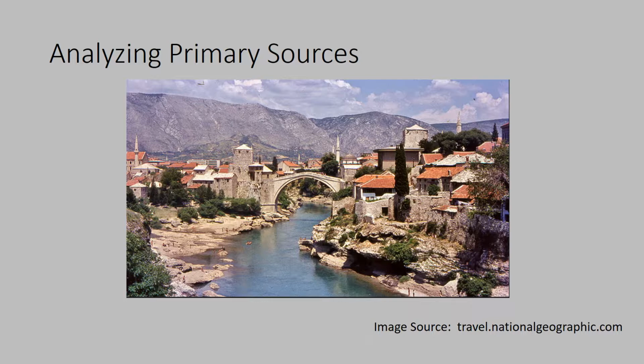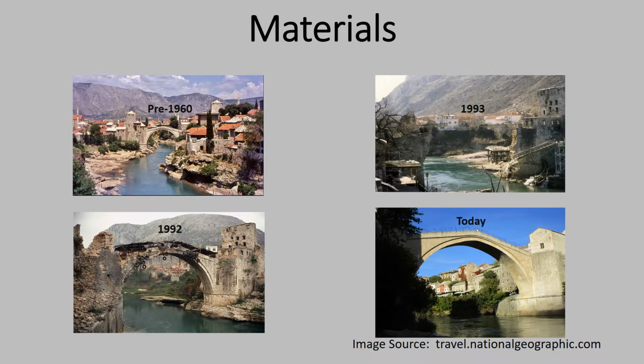Working with artifacts, speeches, photos, paintings, and documents build our students' ability to think like historians, political scientists, economists, and geographers. To complete this task, you will need images that depict continuity and change over time.